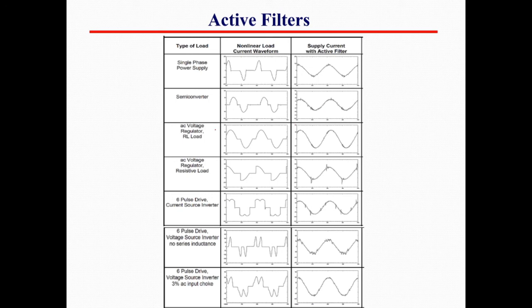AC voltage regulator with RL load, this is how the current taken from the supply will look. AC regulator, resistive load, 6-pulse converter, 6-pulse drive, 6-pulse drive voltage source inverter with 30% AC input choke.